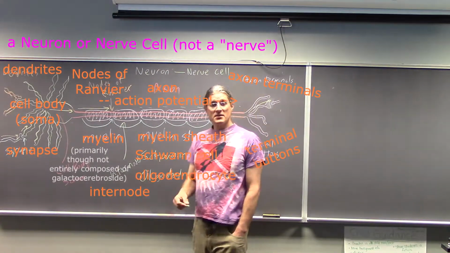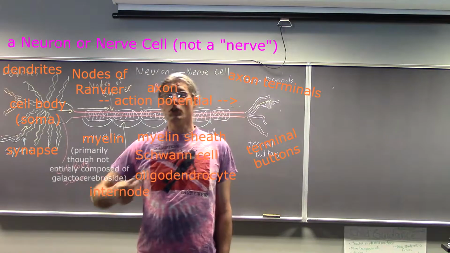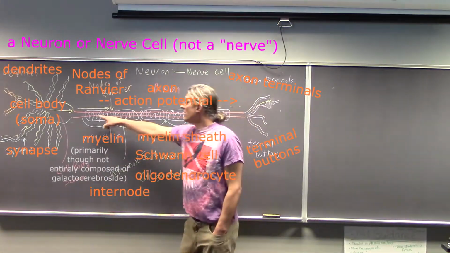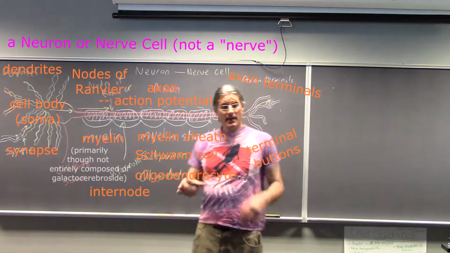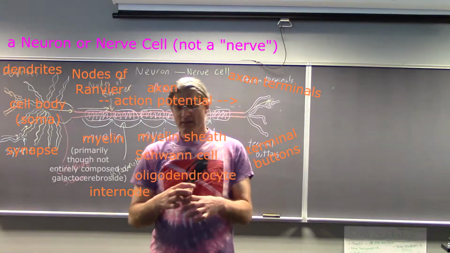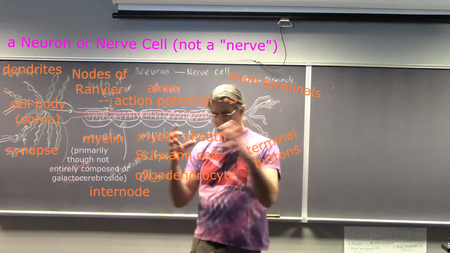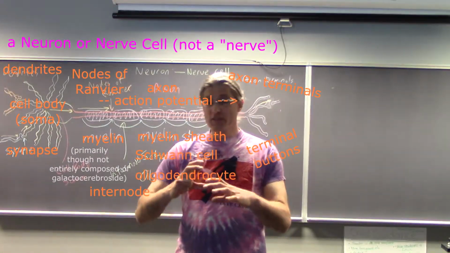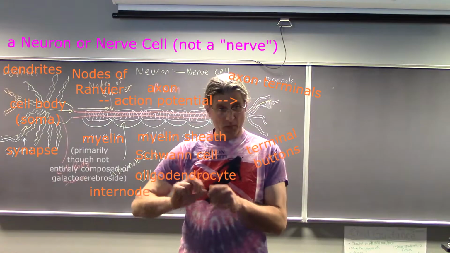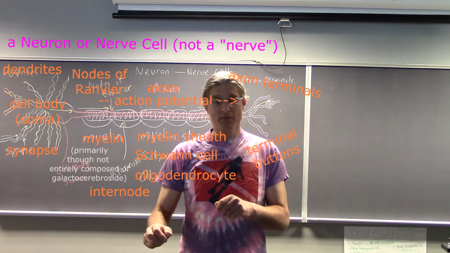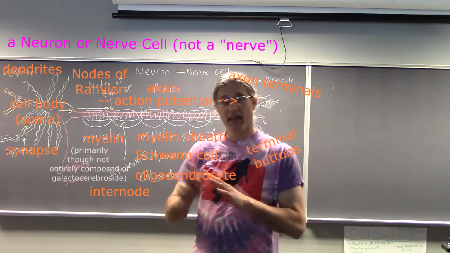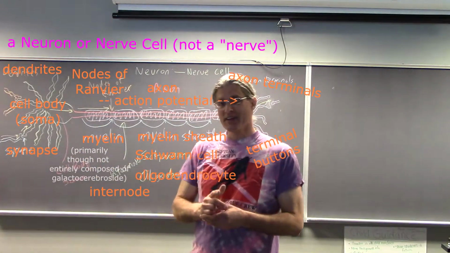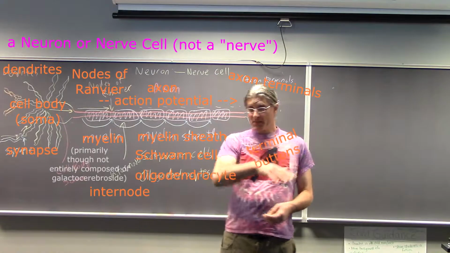But none of these are the same thing as nerves. A nerve instead is a bundle of axons that are all sheathed together. They're myelinated, but then they're sheathed further in connective tissue. And the individual nerves are what follow different pathways around our bodies, and then they have neurons that branch off from those nerves, and their axons go to specific locations.